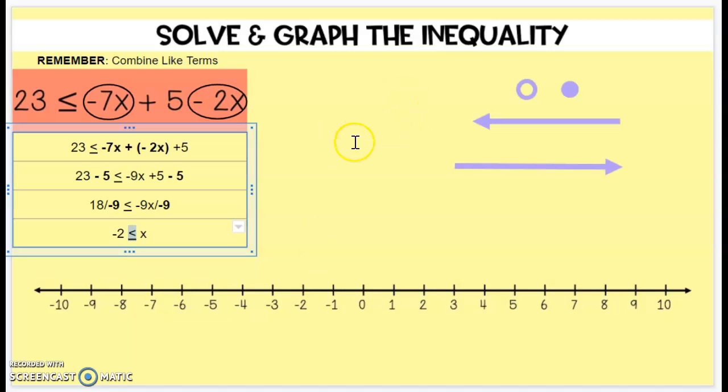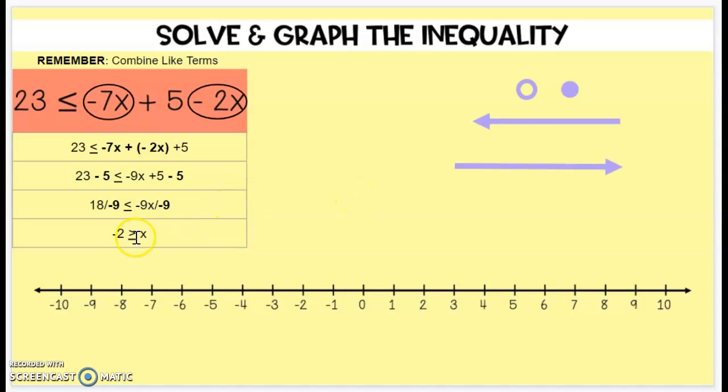I need to flip it. So instead of a less than, I'm going to do a greater than. That's very important that you remember to flip that sign. That's when you flip that sign on the bottom.